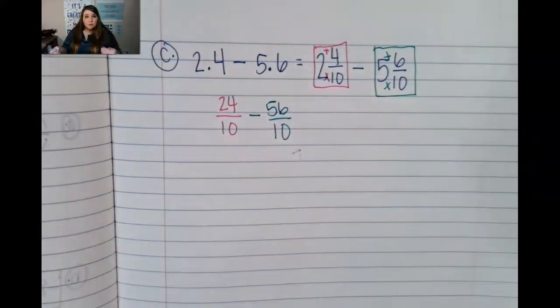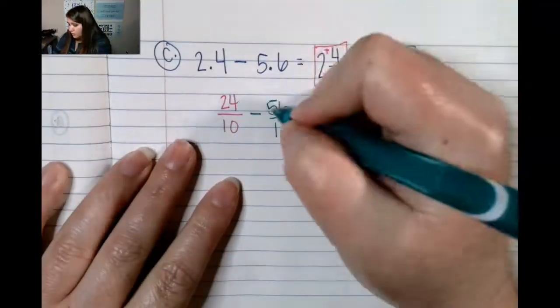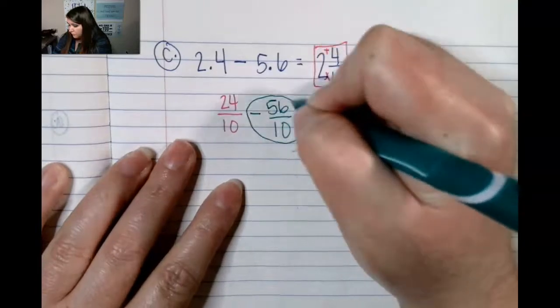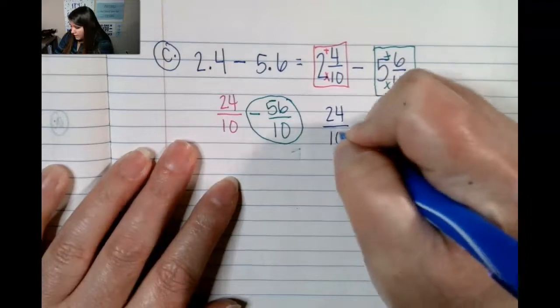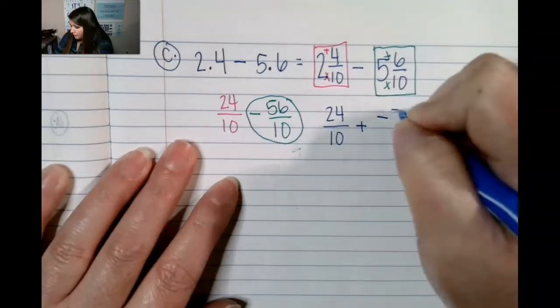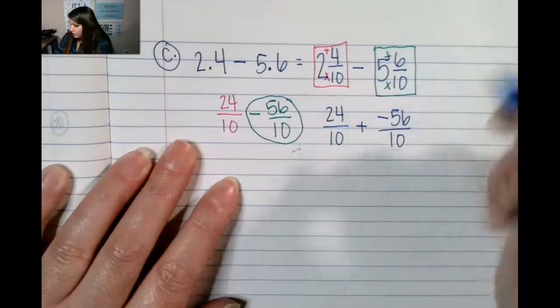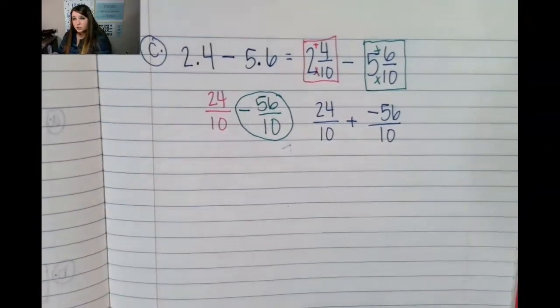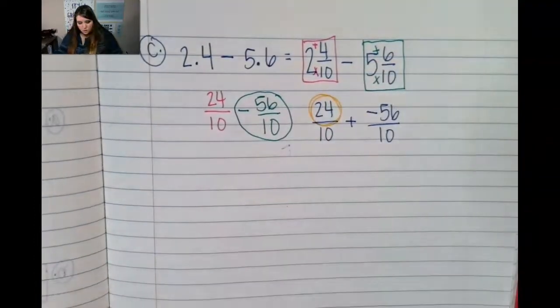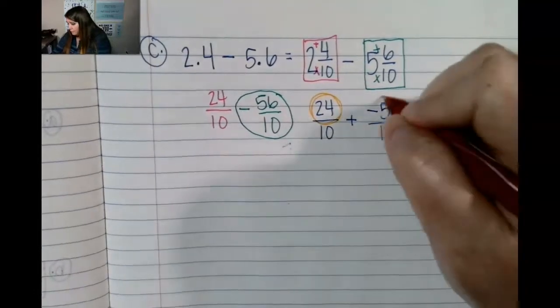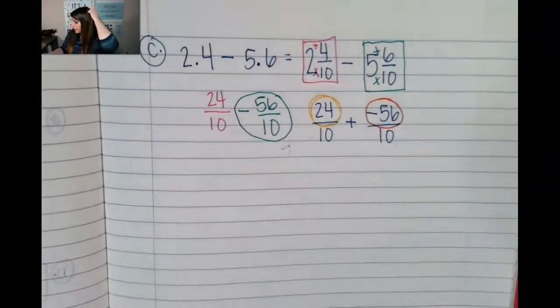Okay, but I don't want to do that. I want to add the opposite. So instead of 24 over 10 minus 56, I have 24 over 10 plus negative 56 over 10. Okay, we're going to ignore the bottoms and just focus on the top rules. So I have 24 and I add negative 56.